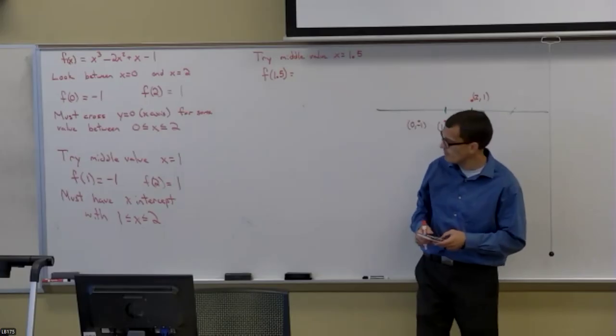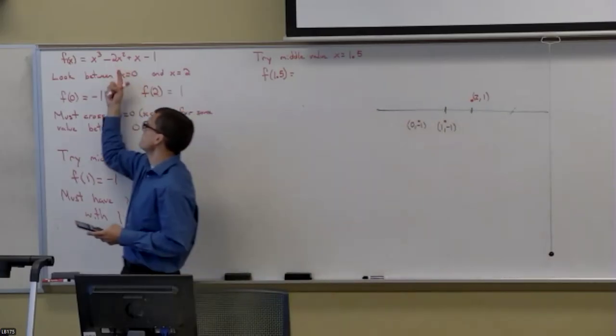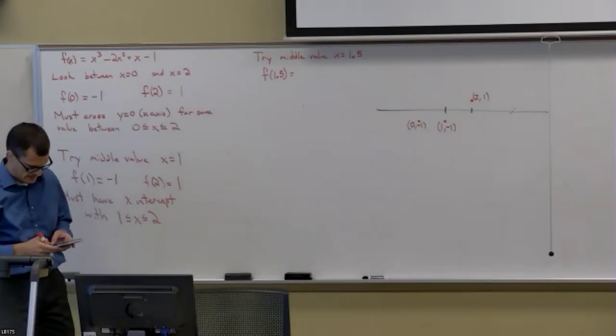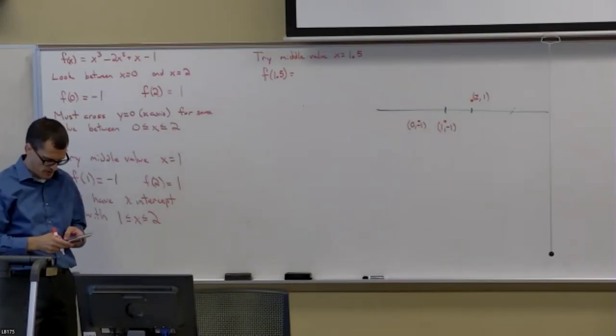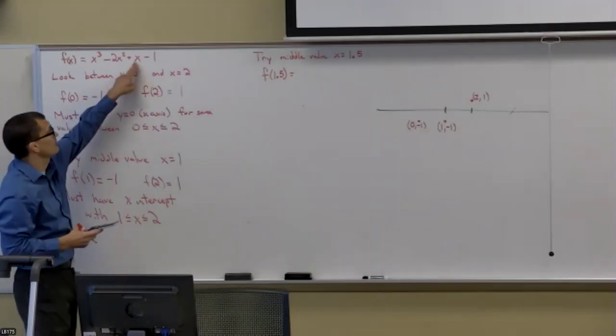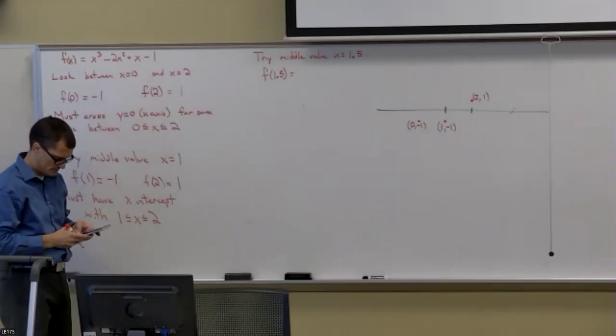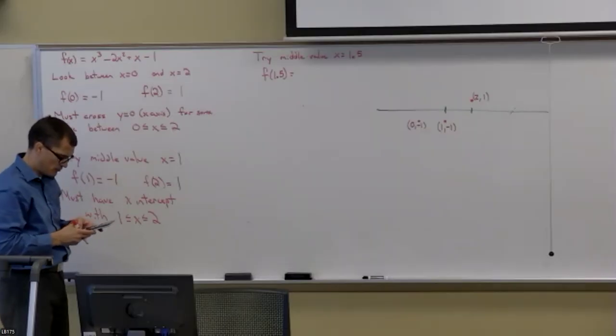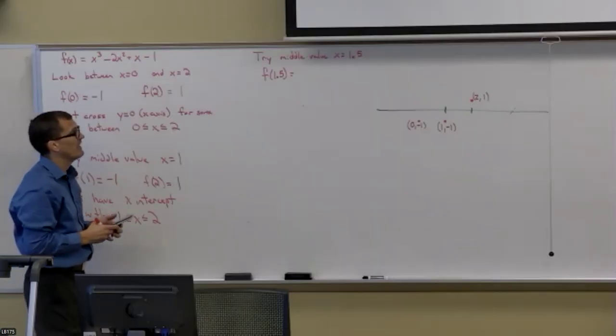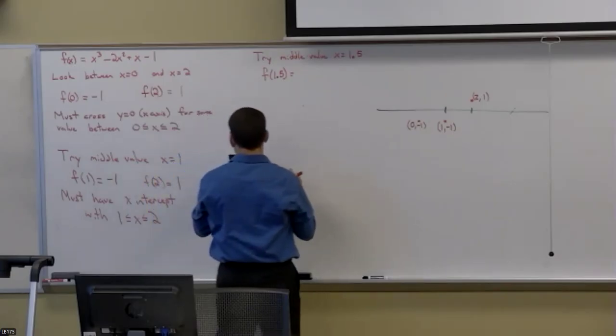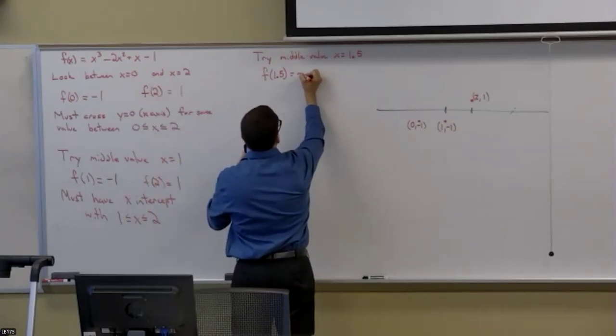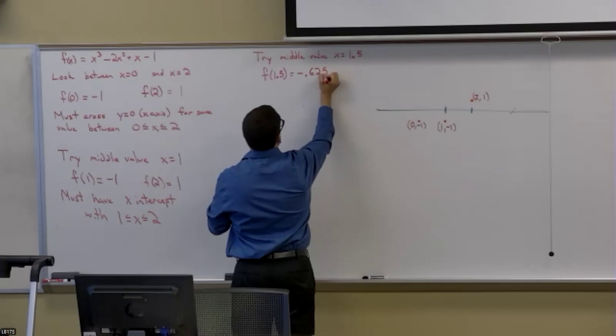1.5 cubed minus 2 times 1.5 squared plus 1.5 minus 1. That would give me a negative 0.625.